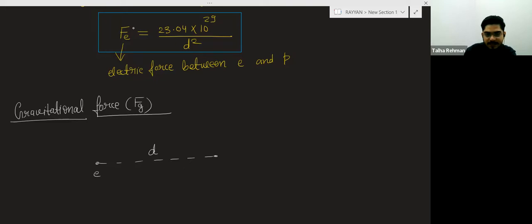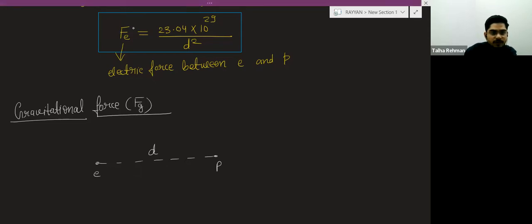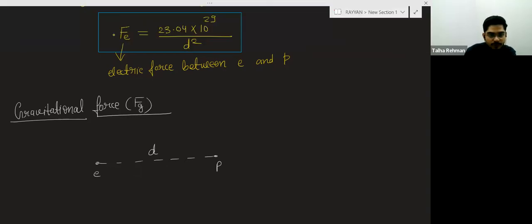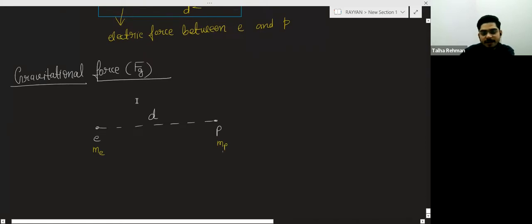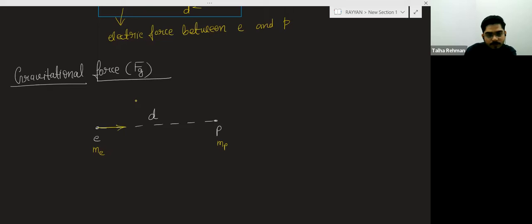So I am taking the distance the same between the electron and the proton. At the same distance we are calculating the electric and the gravitational force. Here is electron, here is proton, so there will be the mass of the electron and mass of the proton. I have told you the gravitational force is always attractive, so both will attract each other, electron and proton, due to the gravitational force.